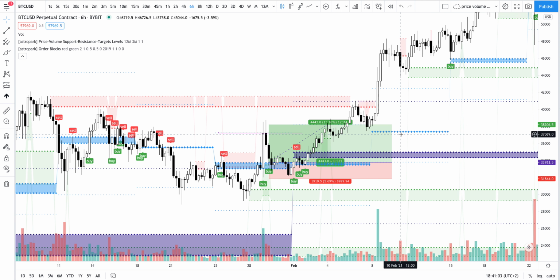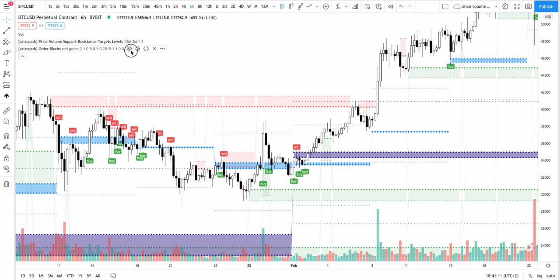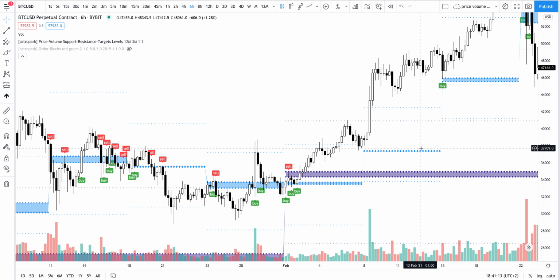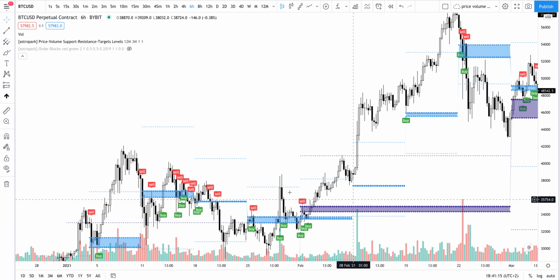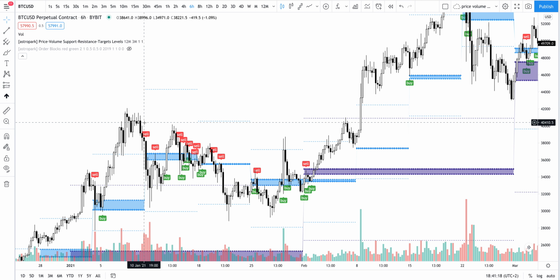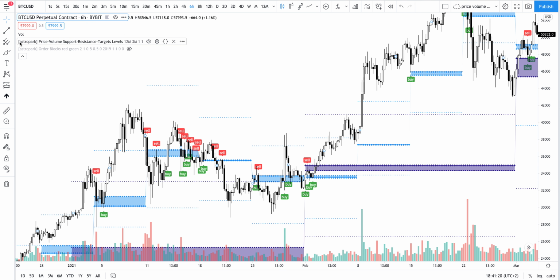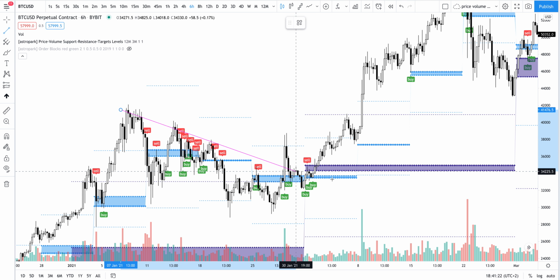And these are just some examples. Okay, I hope I didn't confuse you, but okay, in a consolidation, after a long run up, you have to expect a consolidation.